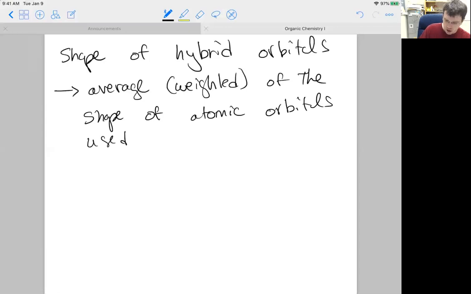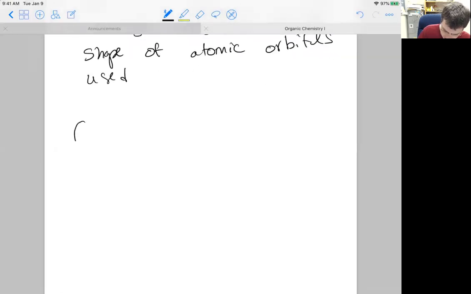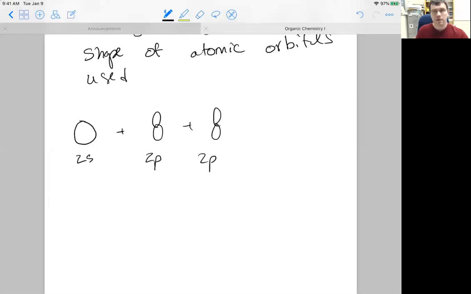Okay, so if I take my 2s orbital, which is just a sphere, and I add it to a 2p orbital, and I add it to a 2p orbital, worrying about whether it's x or y or z is going to complicate things. That's not what matters. It's the shape that matters, plus another 2p orbital. So again, one is x, one is y, one is z.